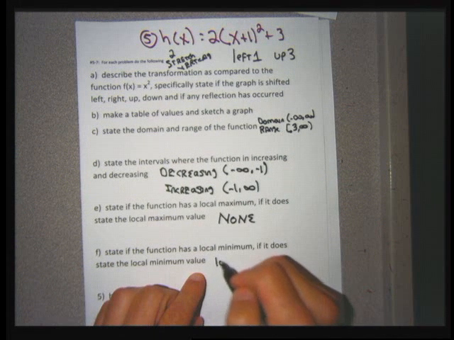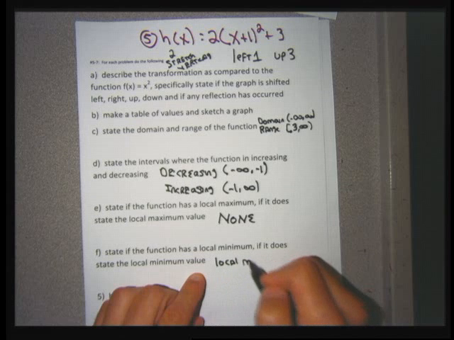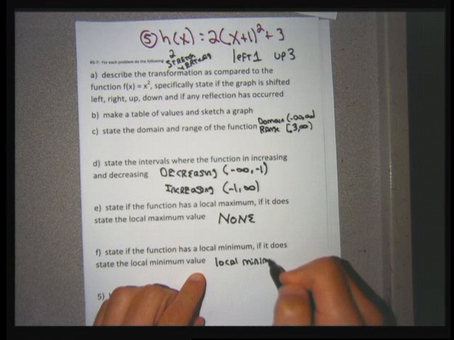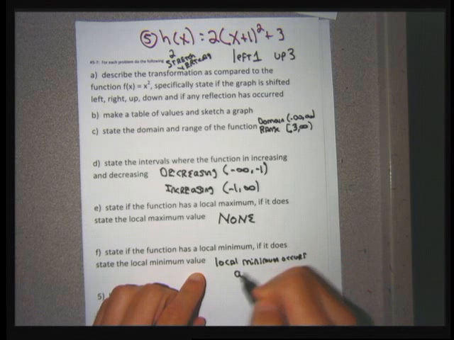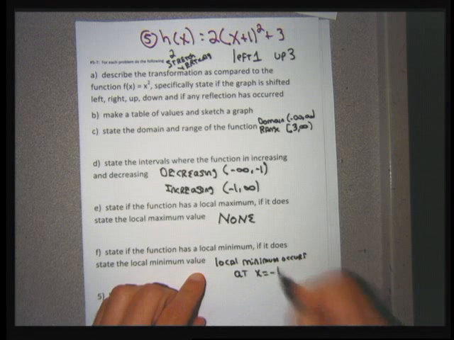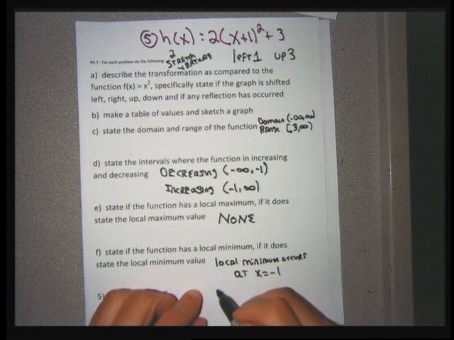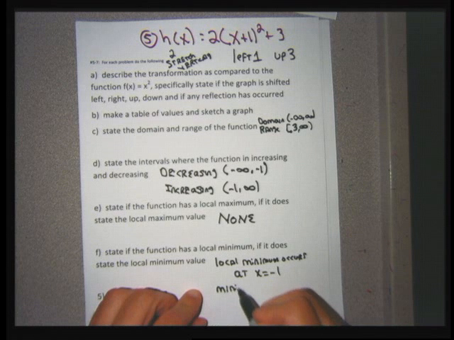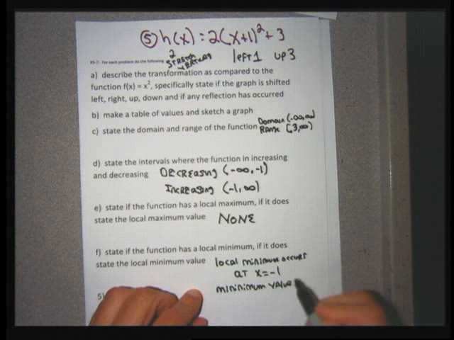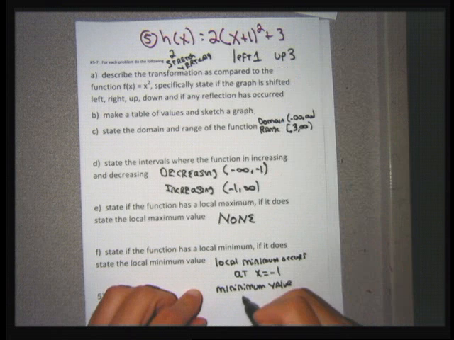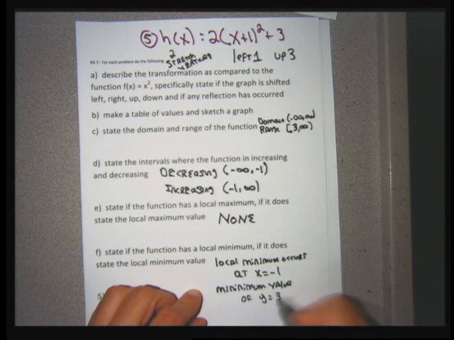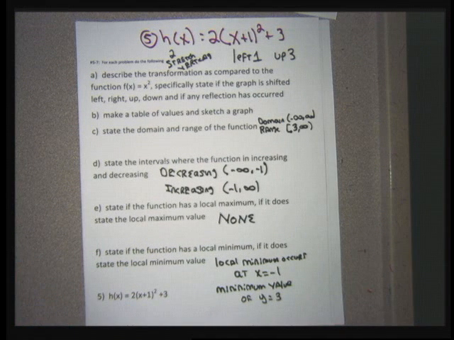A local minimum occurs at the x coordinate of the vertex, which is -1, and we can say the minimum value, or the local minimum value, is the y coordinate of the vertex, and the y coordinate of the vertex was 3. And that would be a perfect way to answer question F.